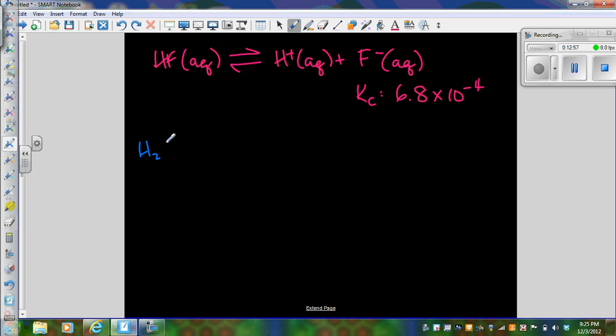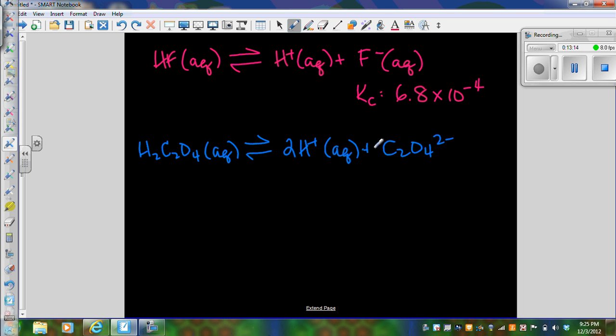I have oxalic acid, which is also another weak acid. So oxalic acid is in equilibrium with 2 protons and 1 oxalate ion.